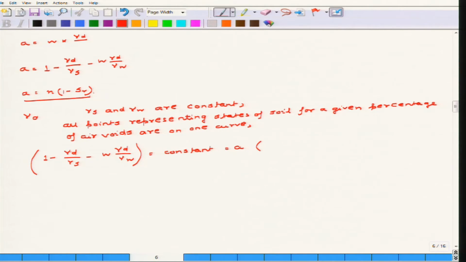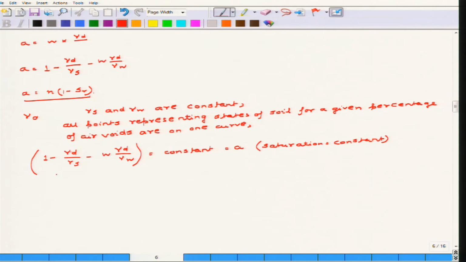So, all these points are on equal degree of saturation, that is, saturation equal to constant, because the volume of air is not changing, and that means the points are on the same degree of saturation curve.